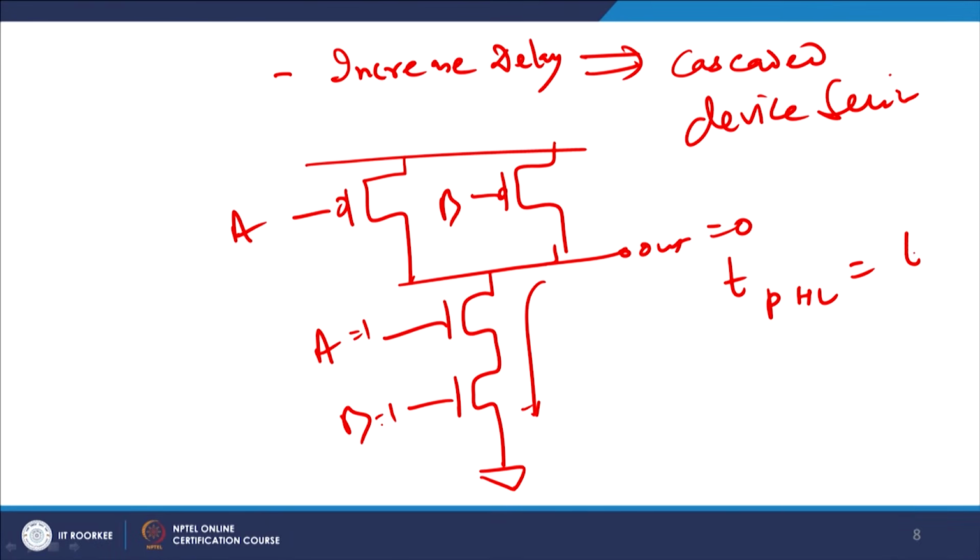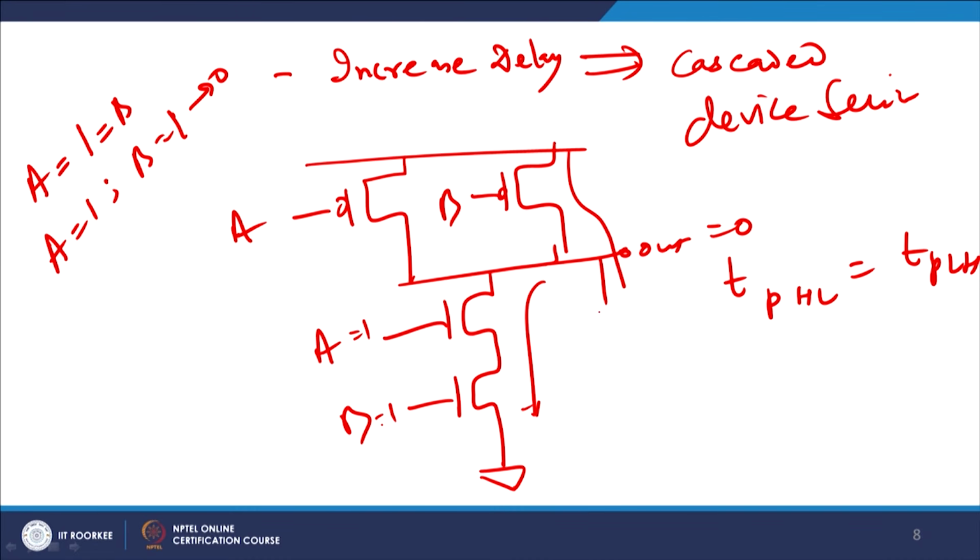Now if you want to make TP-HL equal to TP-LH, which means you want to make the high to low transition exactly equal to the low to high transition, suppose that is the aim, then for this PMOS: initially A was equal to 1 equal to B, now A is equal to 1, but B goes from 1 to 0. So this is the path which is available to you for charging this CL value, agreed.